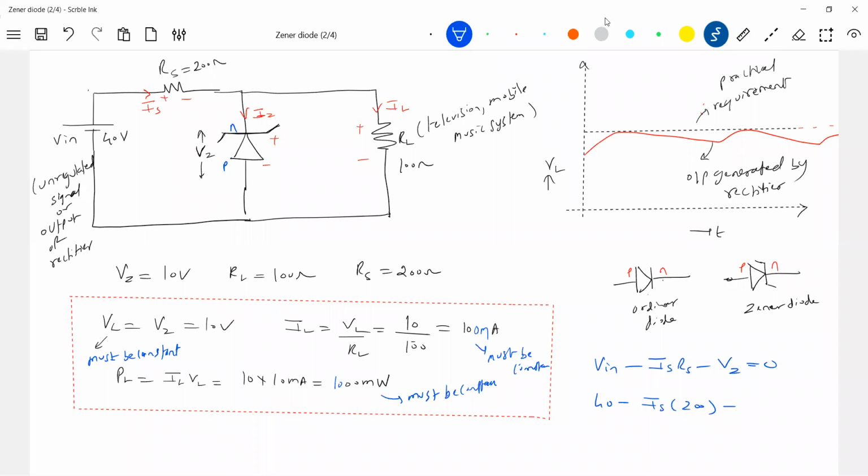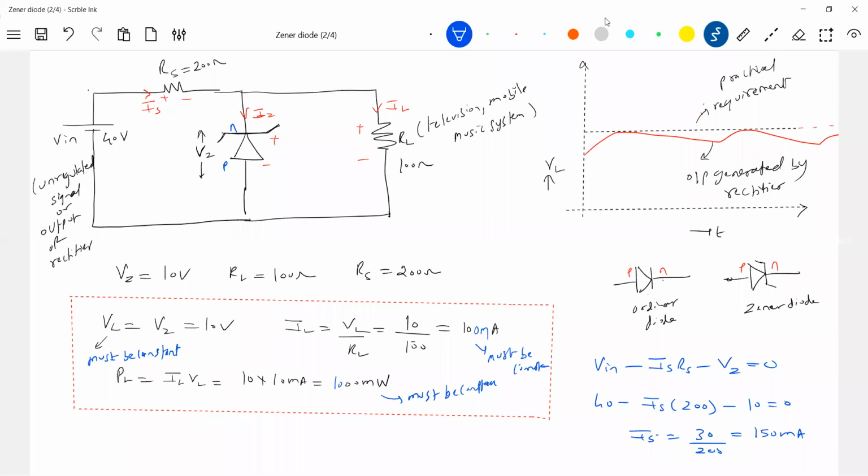RS is 200. VZ is 10. So 30 by 200. How much? 150 milliampere. So this is the current flowing through the source, the 40 volt one.